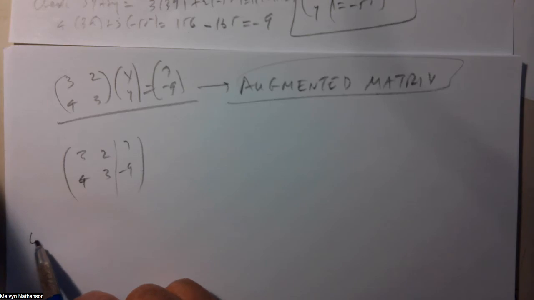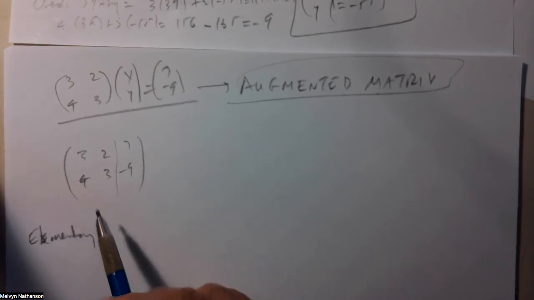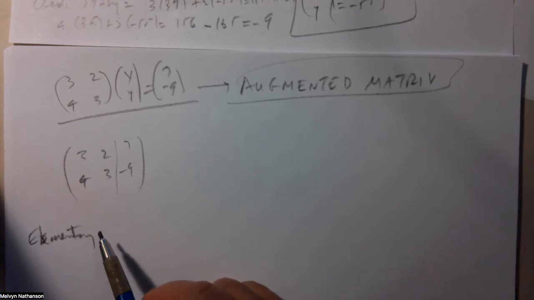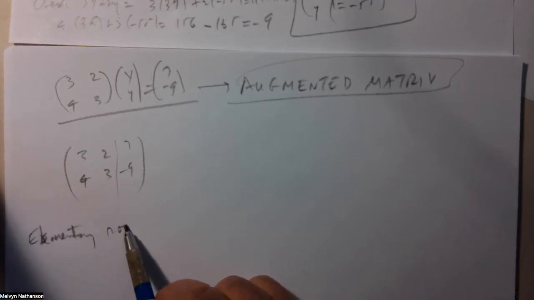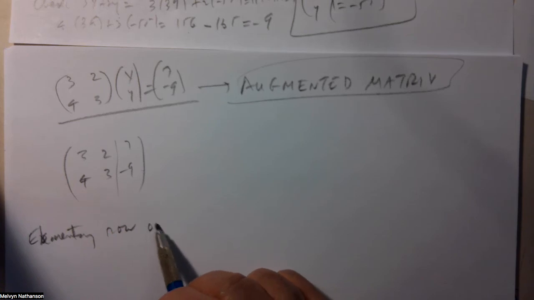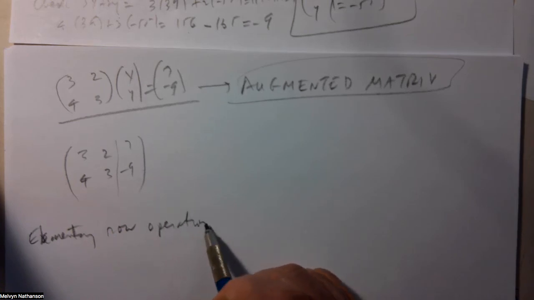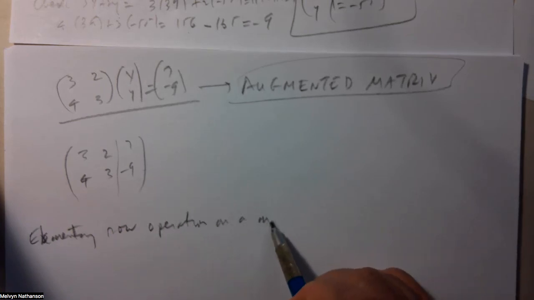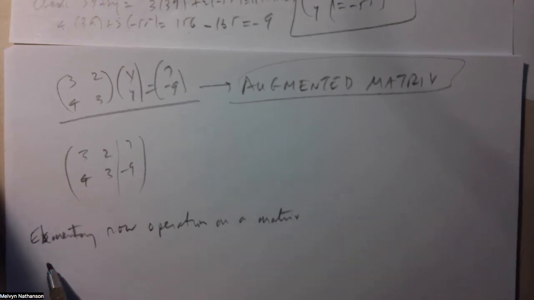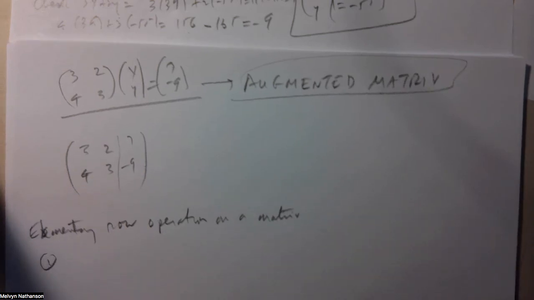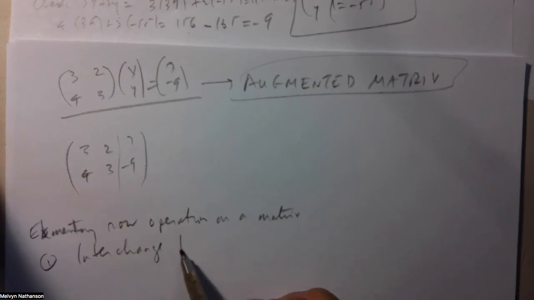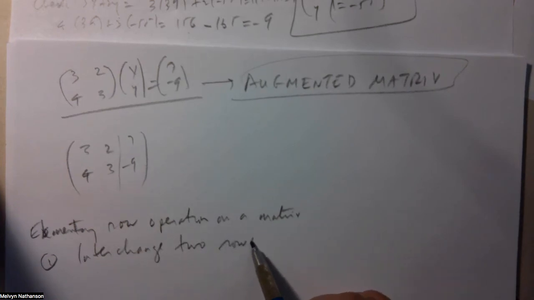Well, just as we had elementary operations on a system of equations, every elementary operation on the system of equations corresponds to an elementary row operation on a matrix. So the first elementary operation on a system of equations was you could interchange two equations. In a matrix that corresponds to interchange any two rows.